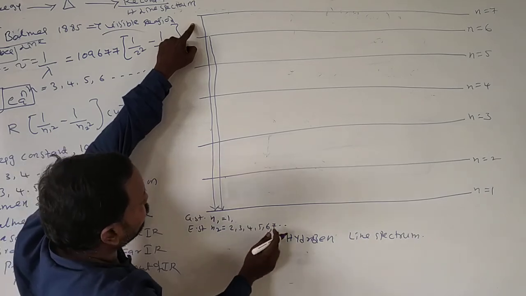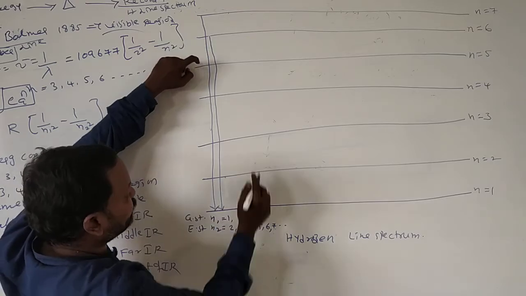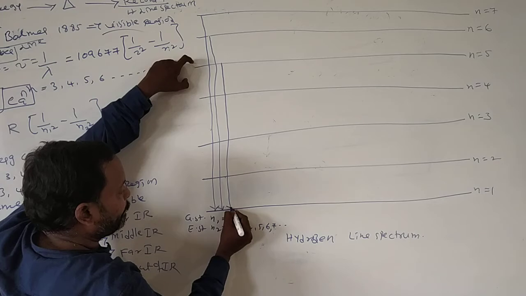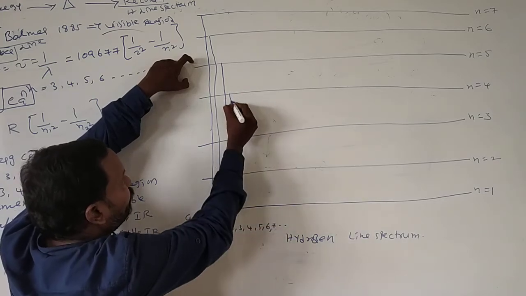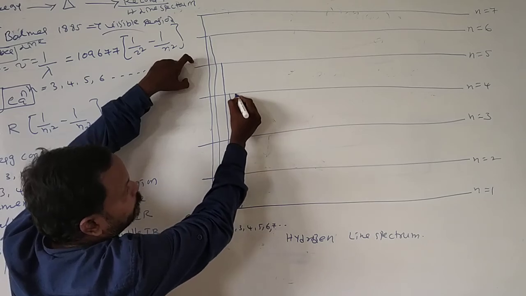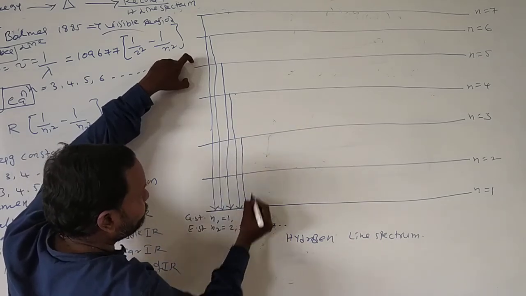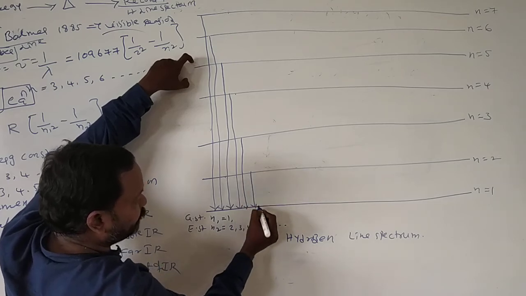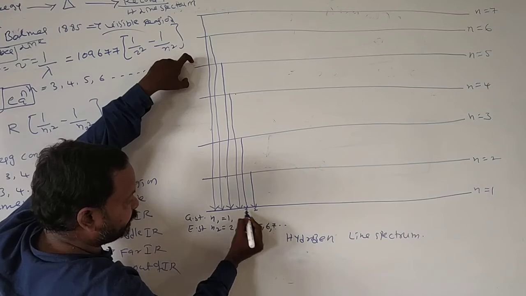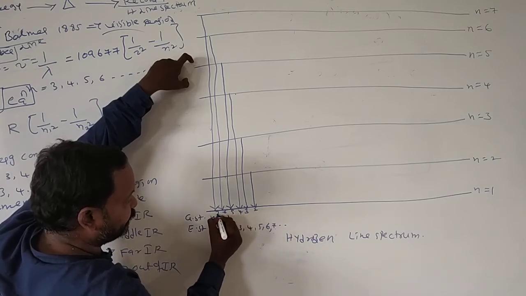See here, it may be 7th to first level, 6th to first level, 5th to first level, 4th to first level, 3rd to first level, and 2nd to first level. n1 is only 1, and n2 values are 2, 3, 4, 5, 6, 7.